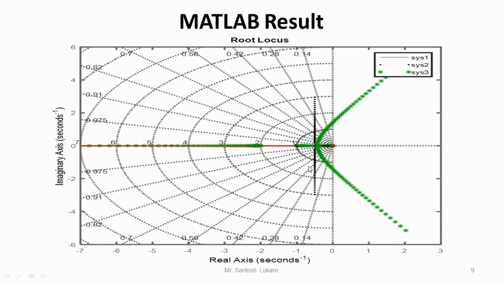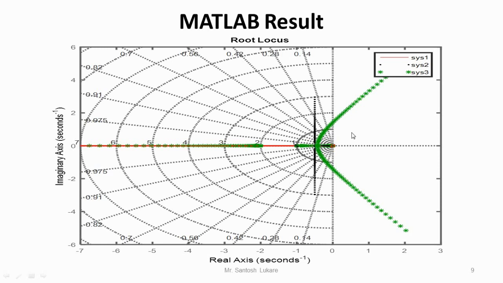The root locus of the second order system, K upon s into (s plus 1), is pulled towards the right hand side of the s plane, and it is observed nearer to the imaginary axis but parallel with it. And if we add the second pole at -2, then the root locus enters into the right half of the s plane by crossing the imaginary axis, as shown with the green plot.